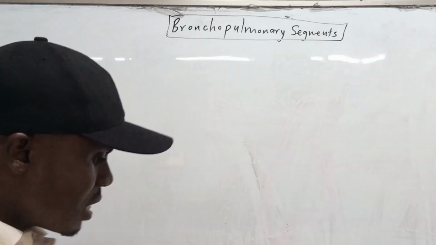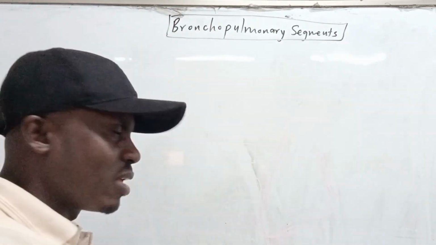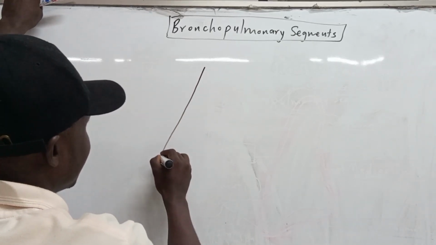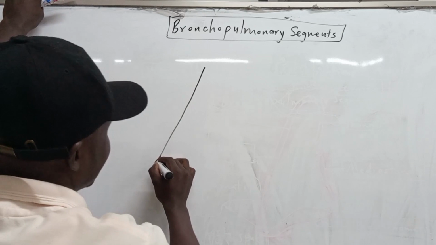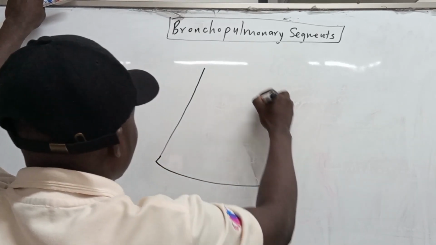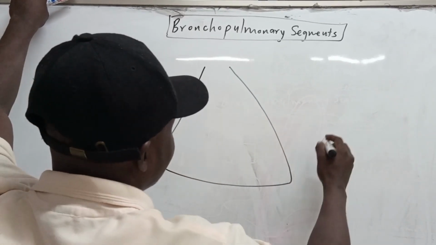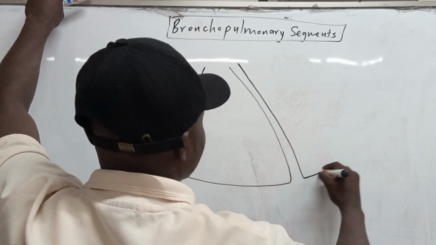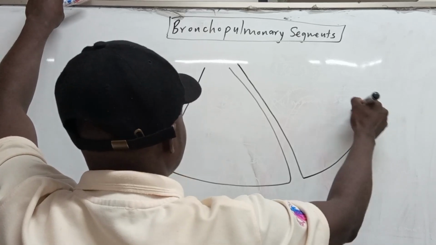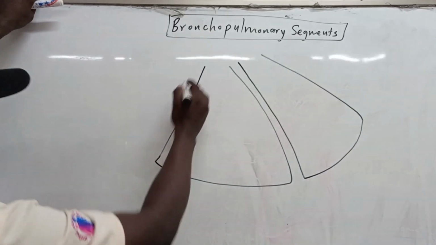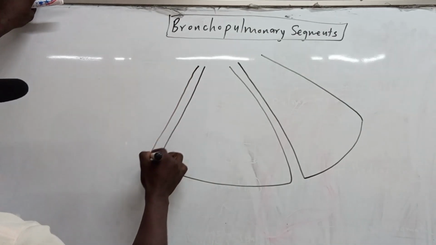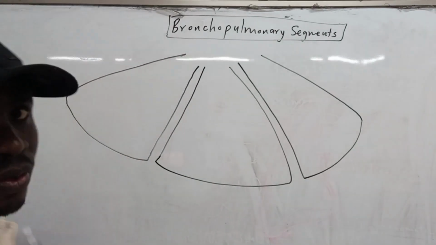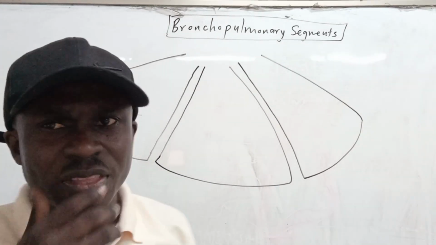Now, assuming, let me draw this. Okay, now this is how the segments are.